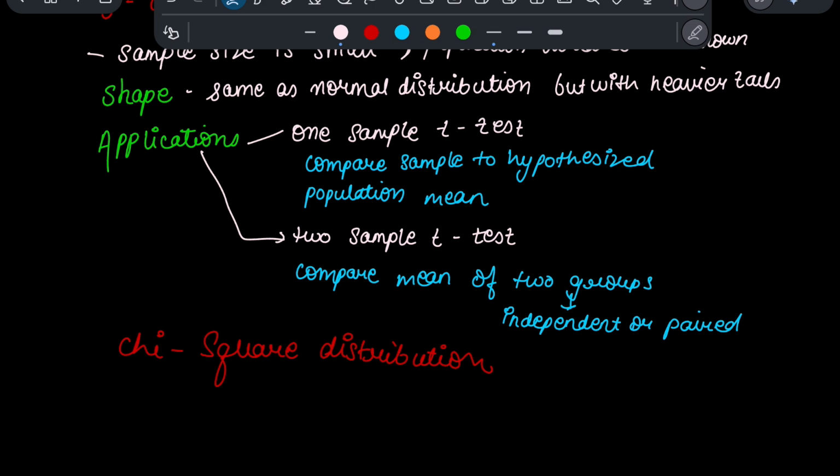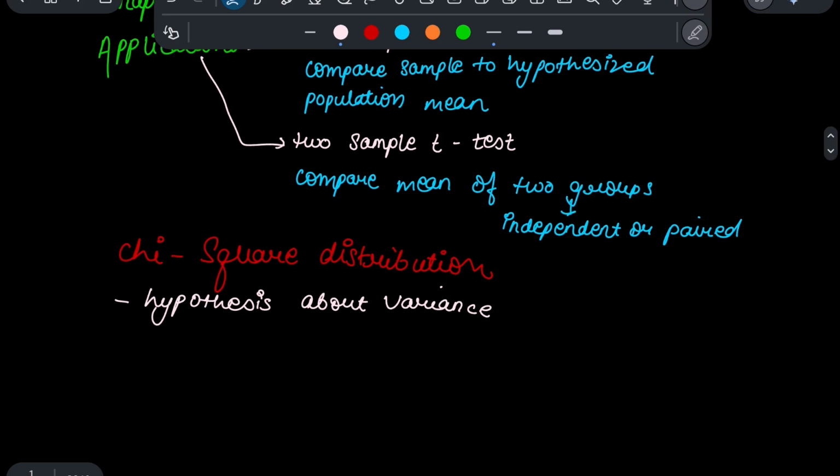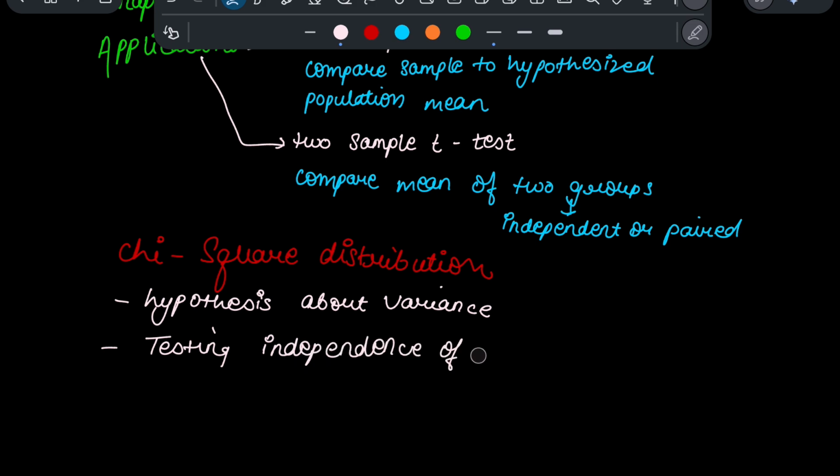In this, we test the hypothesis about the variance and test the independence of the categorical variables.